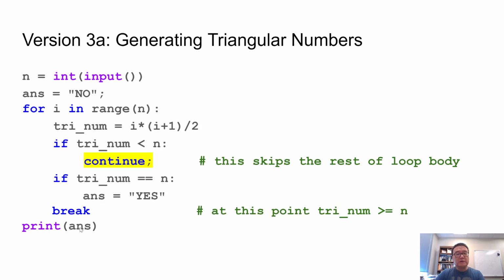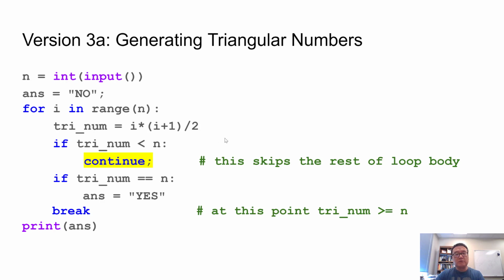Then we just print the answer. When we exit the loop, there are really two possibilities. One is that the triangular number equals n, in which case the answer is set to yes, so we print yes. Or the triangular number is bigger than n, in which case the answer remains the default value no, so we print no.